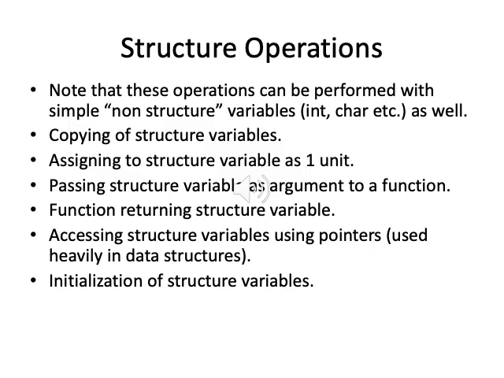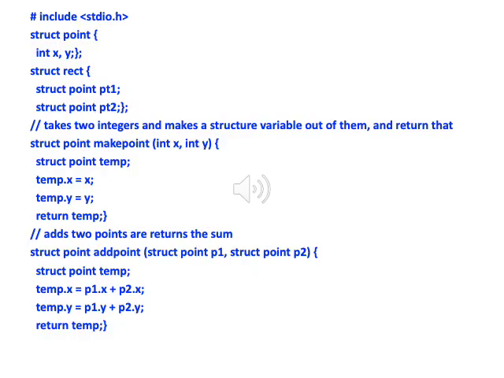This is possible with regular variables as well, like int x equal to 0. In a similar way, point p1 equal to 1 comma 10. As you can see, there is a significant equivalence between the operations we can perform on structure variables and the operations we can perform on regular or simple variables like ints or chars.